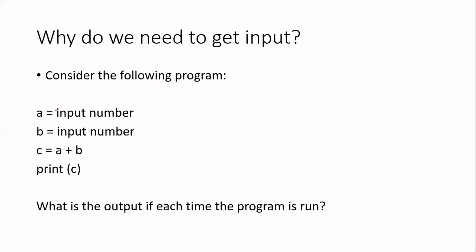So instead of fixing the value to 10, we ask the user to input a number. And in the second instance, we ask the user to input a number. These will be stored in your variables. So when you sum up the variables, it's taking the numbers that the user has input and it's going to store that in C and finally print the answer of C.